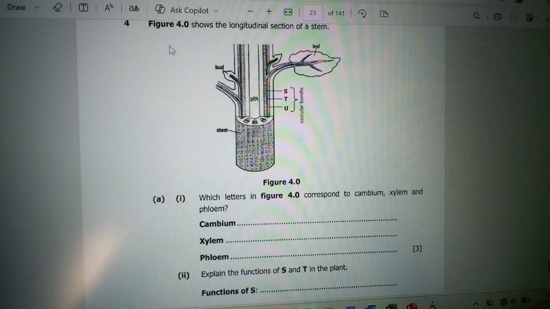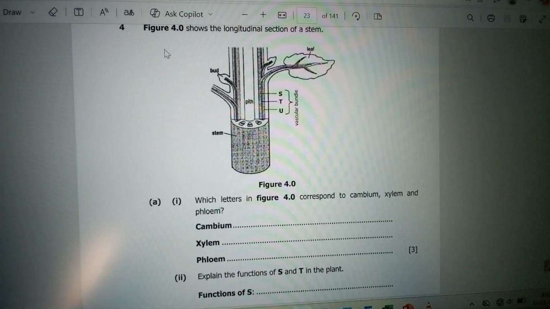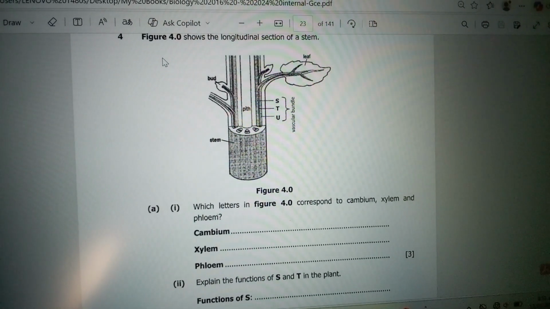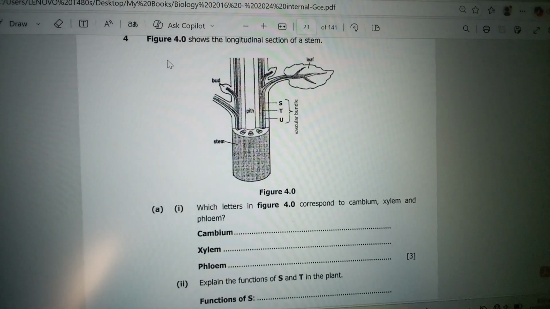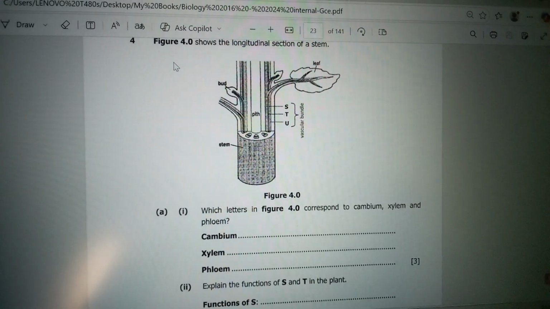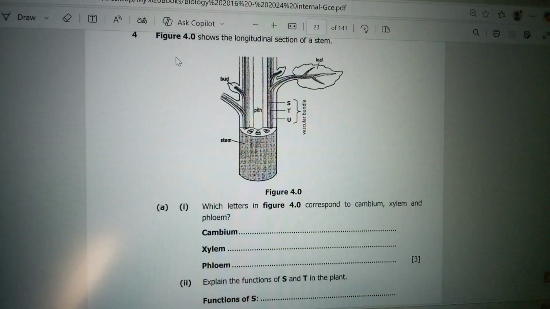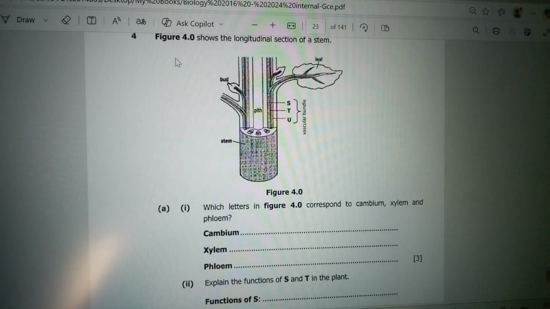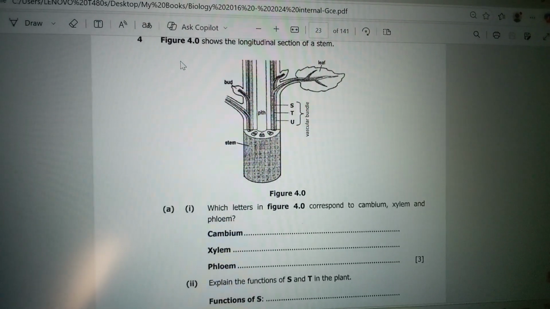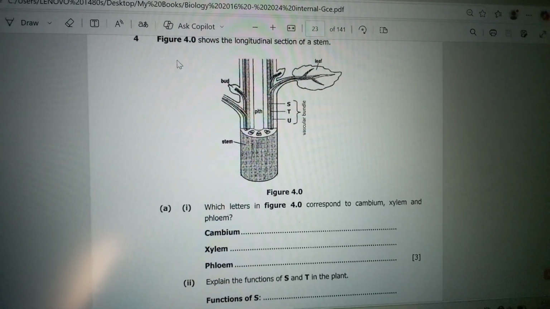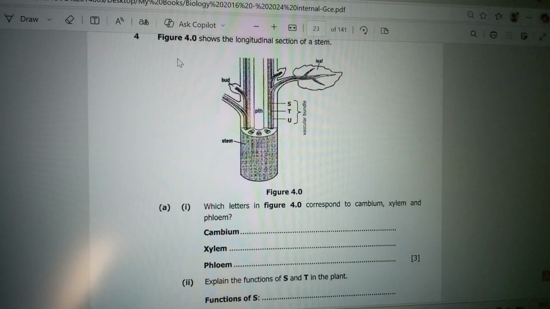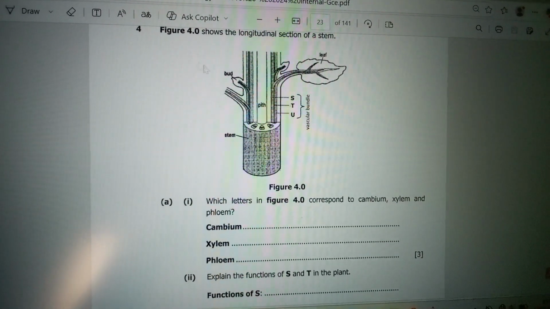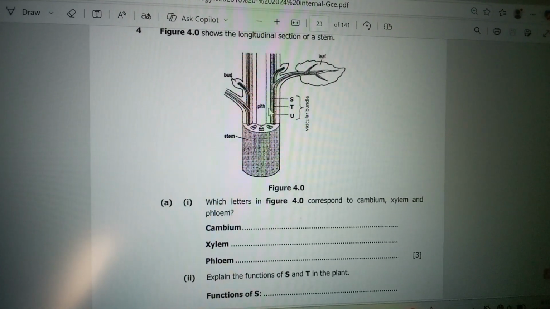by the internal candidate in 2017. The question is coming from the transportation of substances in plants. The question reads, figure 4.0 shows the longitudinal section of a stem. Then they are showing certain parts from there, so I can see there is a pith.